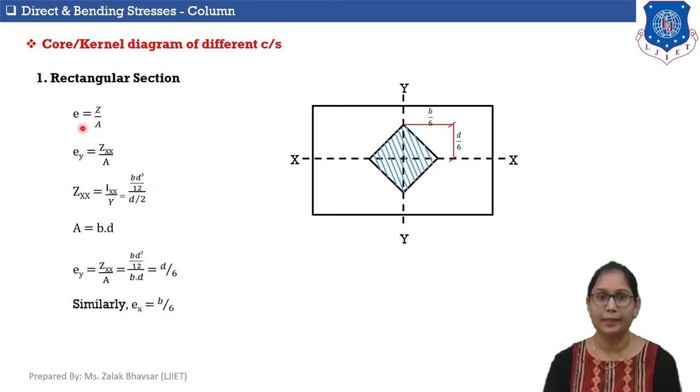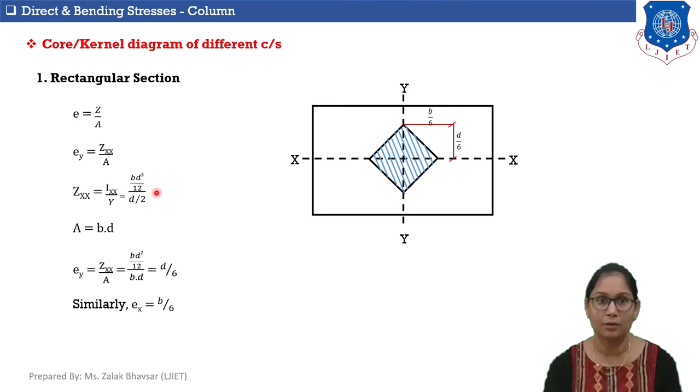So for the no tension condition, e is equal to Z by A, as we discussed in the previous slide. Now ey is the e limit in Y direction. So ey is equal to what? ZXX upon A. Now ZXX is the section modulus in XX direction, which is equal to Ixx, the moment of inertia in XX direction, upon y.